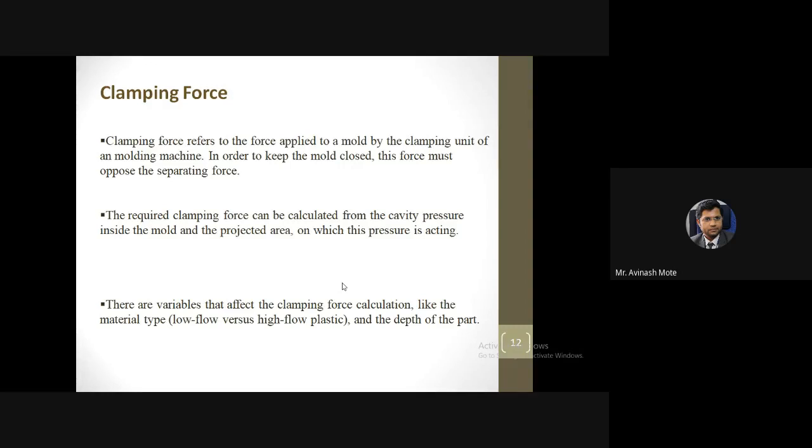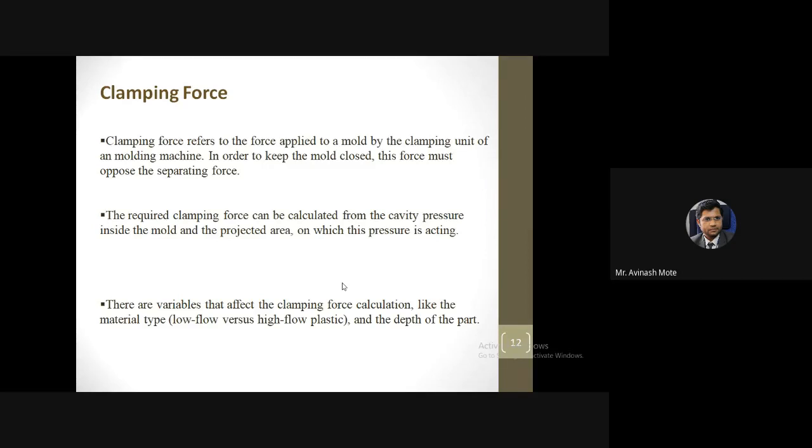So the plunger, the ram, has to travel more inside the mold cavity, and the material restricts its movement. That time we have to apply more force.